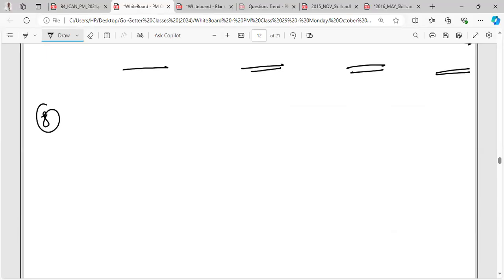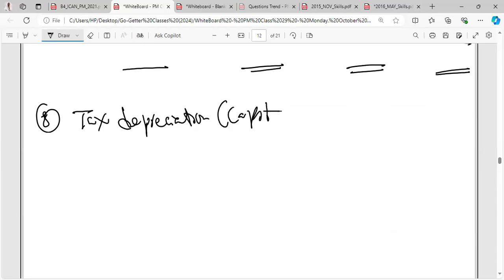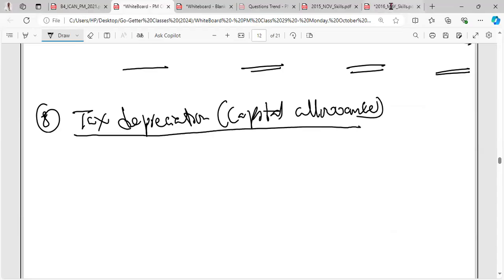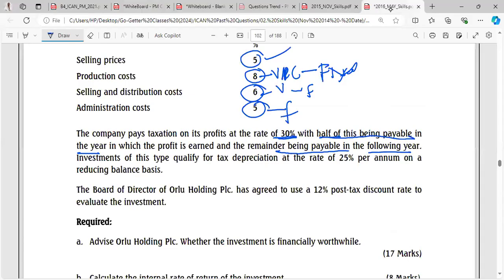Workings number 8, tax depreciation or capital allowance. We are told that investments of this type qualify for tax depreciation at a rate of 25% per annum on a reducing balance basis.